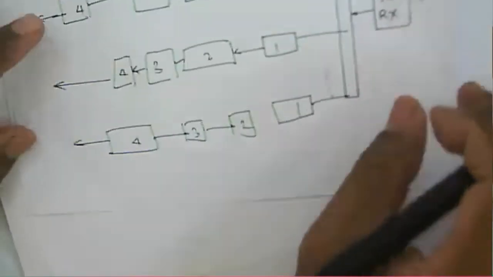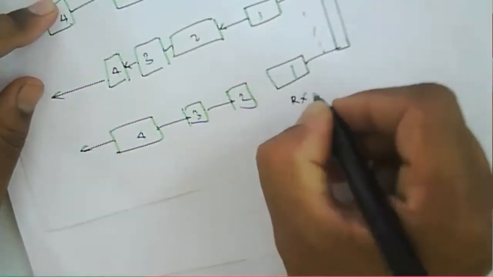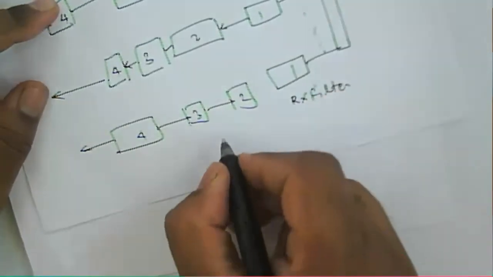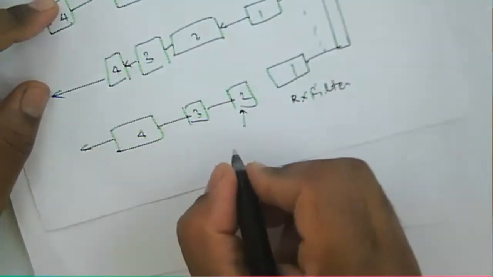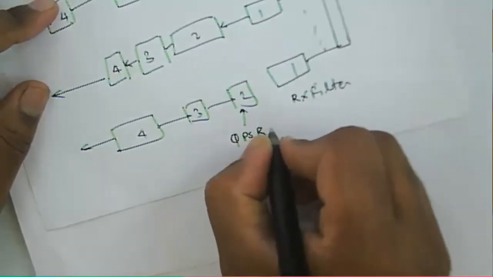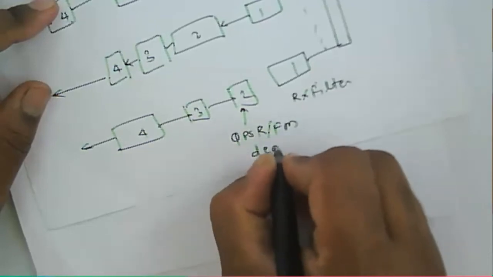Now this one is the receiver filter. This two is the QPSK FM demodulator.